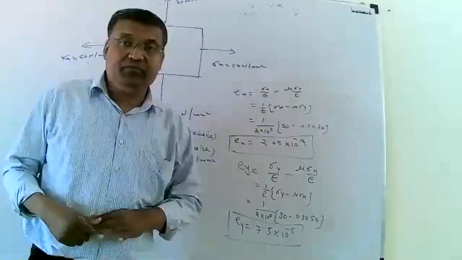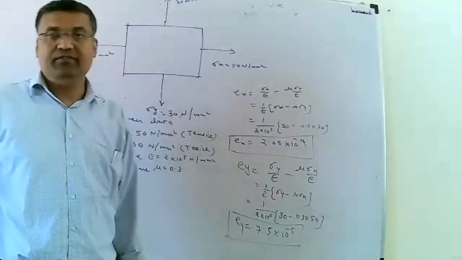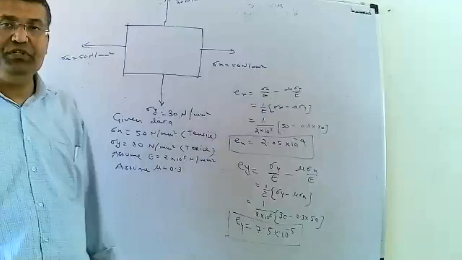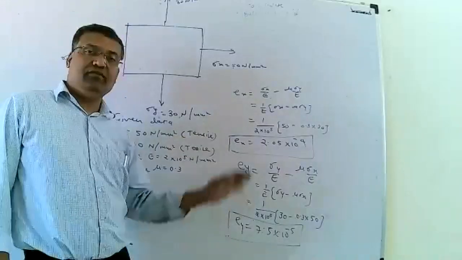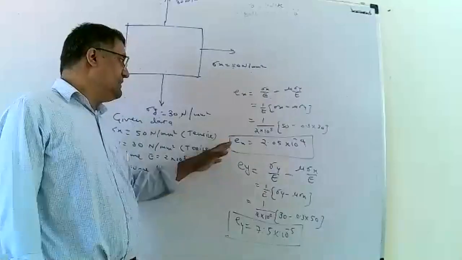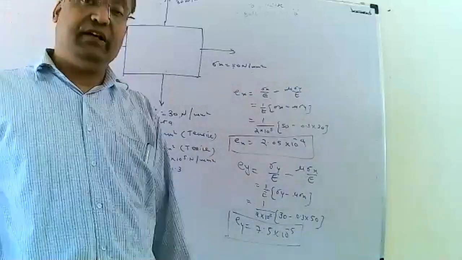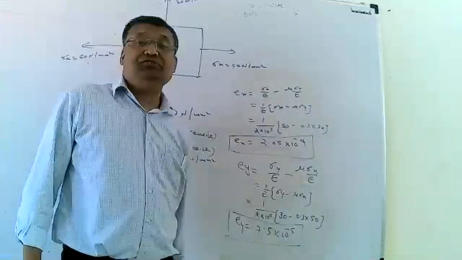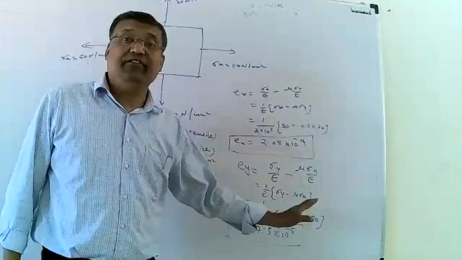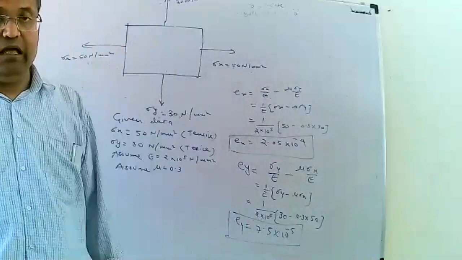Then we substitute the values, do the simplification, and after calculation we find Ex, the strain induced along x direction, that is 2.05 into 10 to the minus 4. That is the value of the strain induced along the x direction.